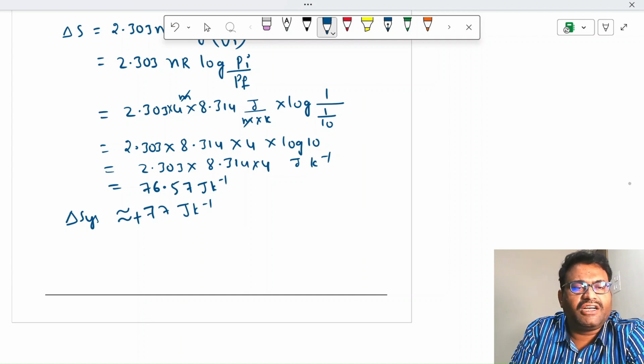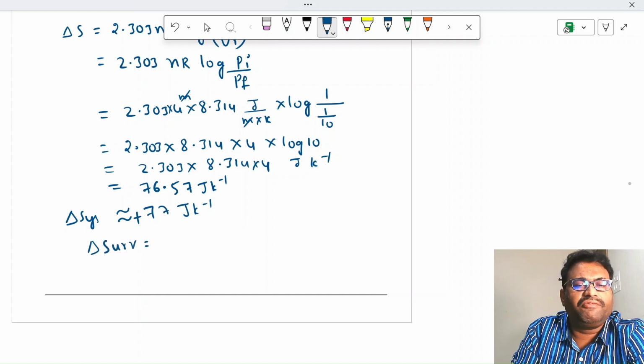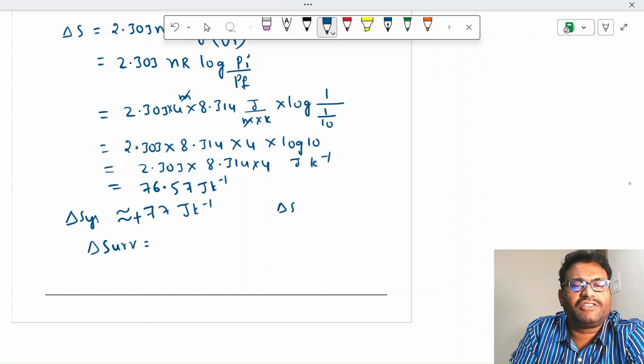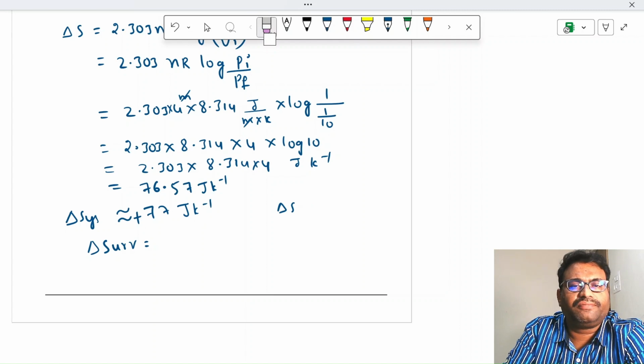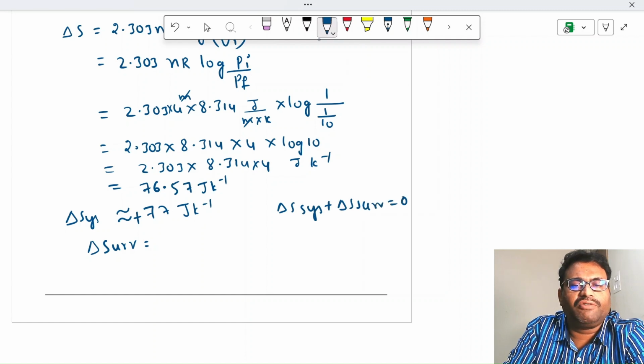If this is a reversible isothermal process and I ask delta S of the surrounding, then we know that delta S of system plus delta S of surrounding is equal to 0.